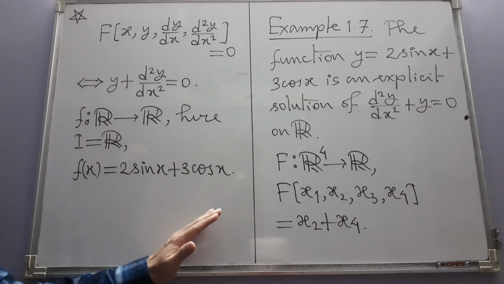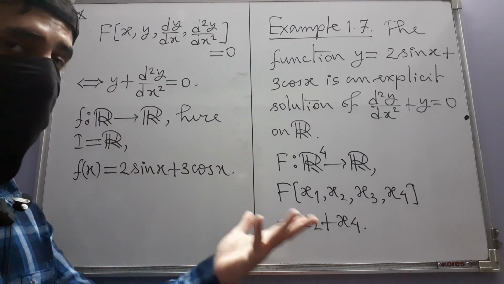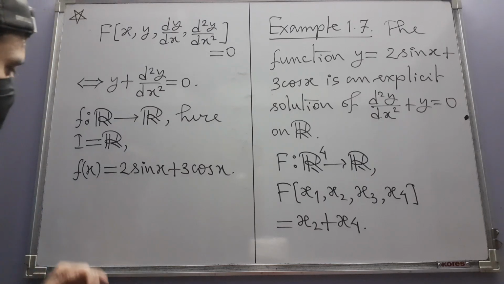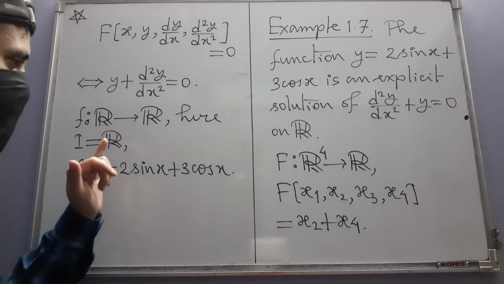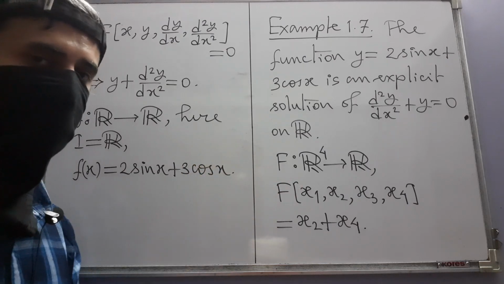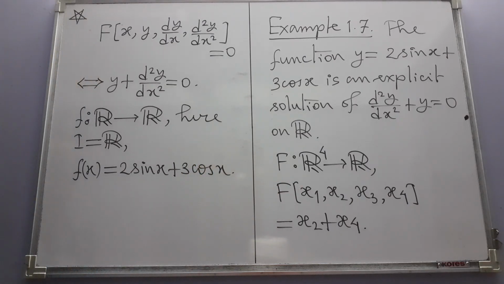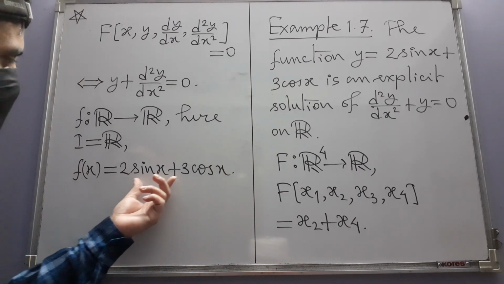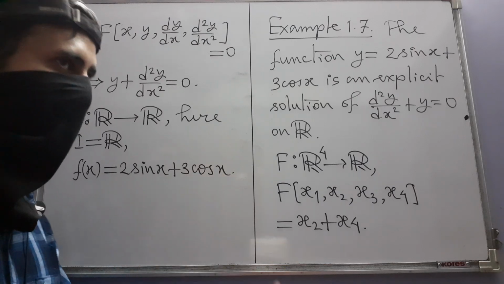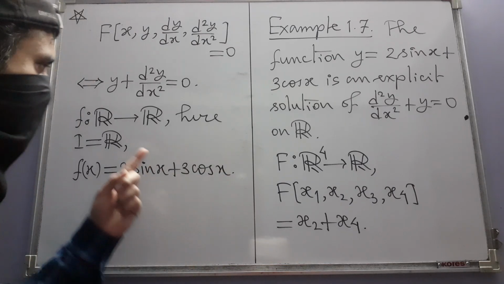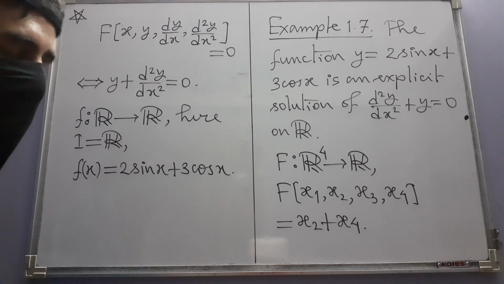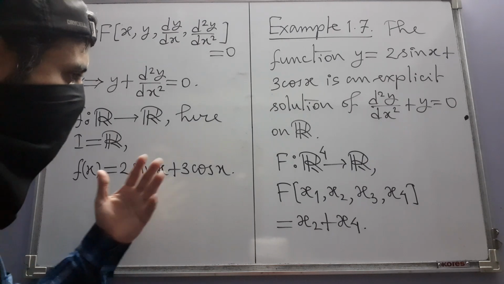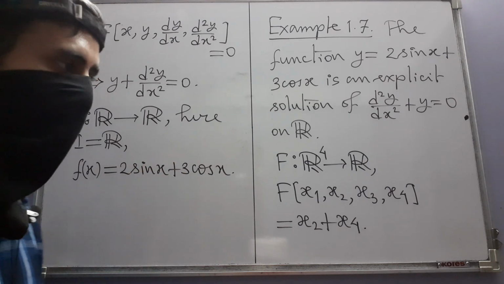Okay. Then what do we need from f? That it should have derivatives up to the second order. Yes, that is true. Why? Because sin x and cos x are themselves differentiable functions on the entire real number system, and you can differentiate them as many times as you want.